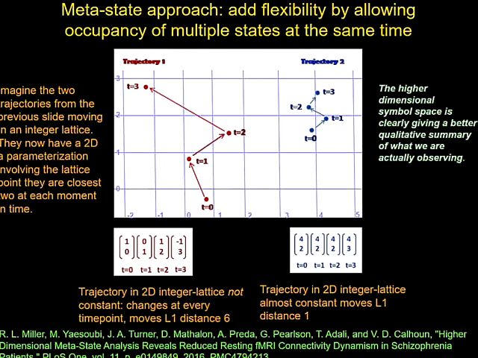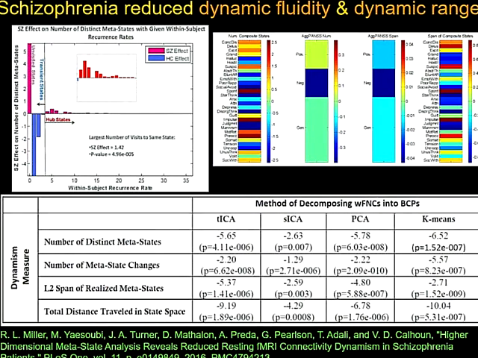Okay? And once we get these metastates, we can calculate a lot of interesting metrics. For example, the number of distinct metastates they enter, how many times they fall in the same grid, and the total distance they travel in that state space.